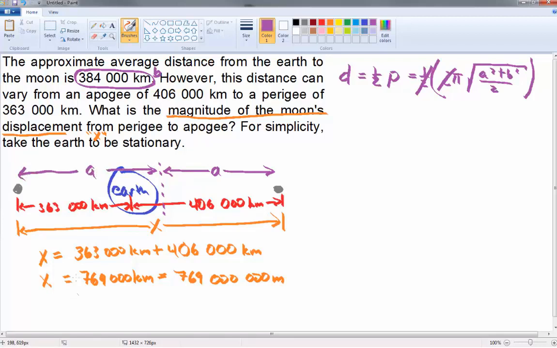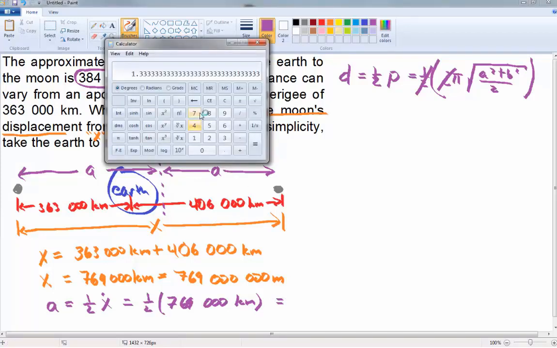In other words, a is half of the magnitude of displacement that we found in the previous example. So a is equal to 1/2 of x, which is 1/2 of 769,000 kilometers. If you divide 769,000 by 2, what you end up with is 384,500.